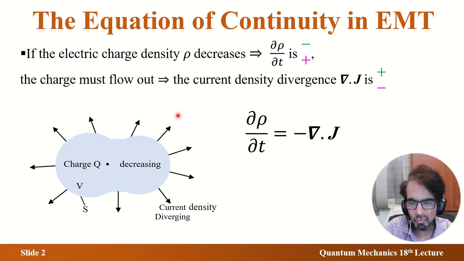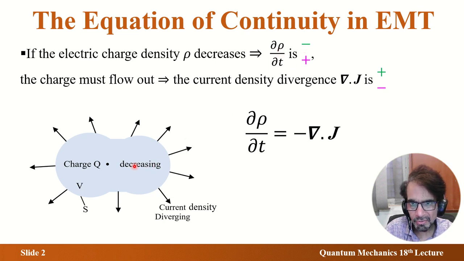The usefulness of the last word, diverges, is that divergence is a term used in calculus, and that has a specific way of calculating it. So I repeat using that terminology: if charge density decreases, that means its time derivative is negative.